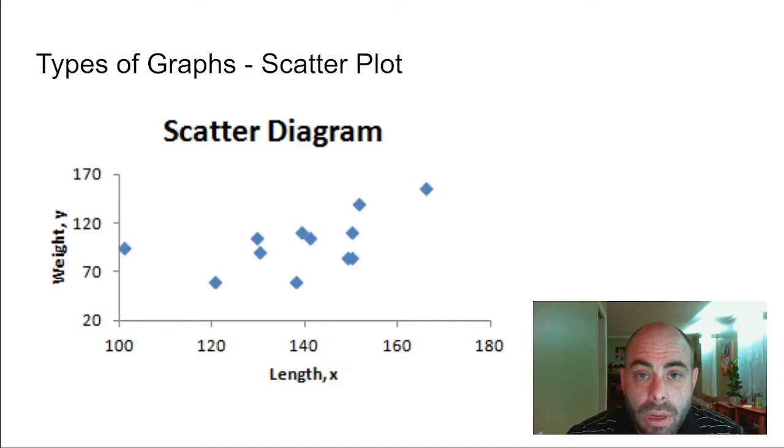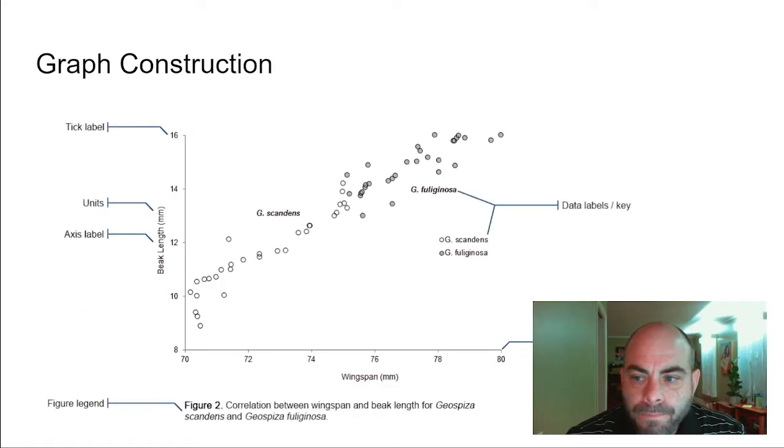You might, in your head, think that there's a relationship between weight and length, but then you would graph those two things to show whether or not there's a relationship. And depending on which way the graph goes, which is beyond the scope of this class, there may be a direct or an indirect relationship between those two things. I don't think we're going to talk about that very much in this class, but in my AP class we talk about that, and of course in a stats class you would talk more about that.